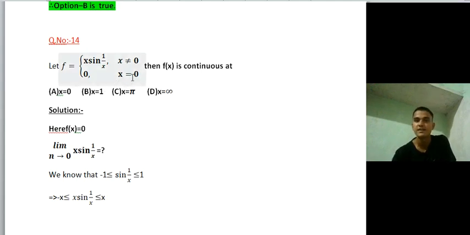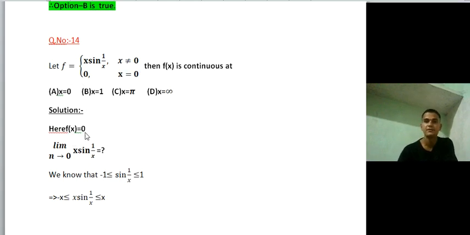Here the functional value is already given, because at x is equal to 0, the function is 0. So f of x is equal to 0. So we will check at x is equal to 0, the function is 0.